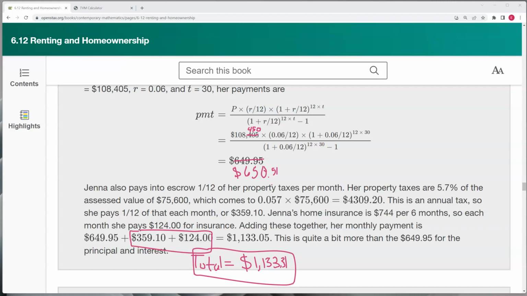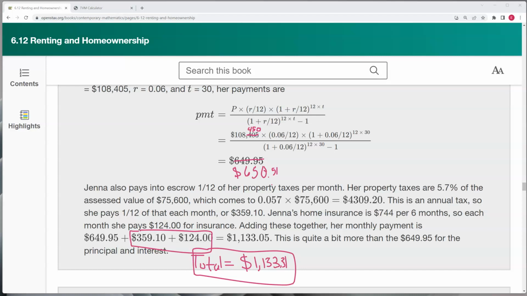So if you escrow your insurance and your property tax, then your monthly payment will end up going up on your house. It's not that the mortgage is going up. It's just that the money that needs to go into the escrow account is increasing because your property tax is increasing, and your insurance probably increases too, because if your house is worth more, then it needs to be insured for more.